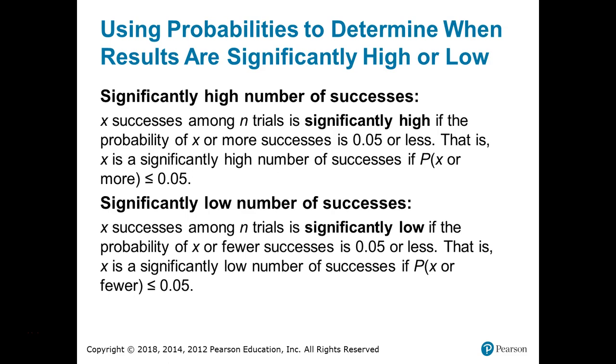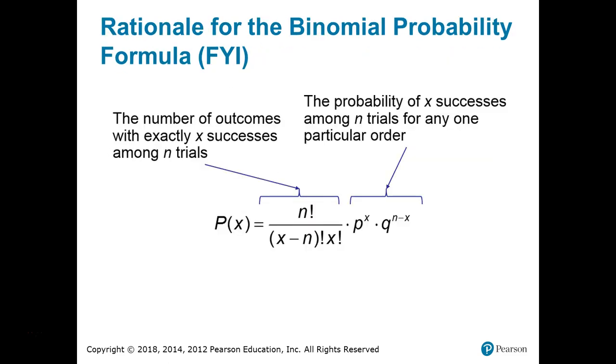It's going to be that probability of 0.05 being that magic number. So if the probability of x or more successes is 0.05 or less, we would say that's significantly high. And then the opposite is true. If x successes among n trials is significantly low, the probability of x or fewer successes is 0.05 or less.